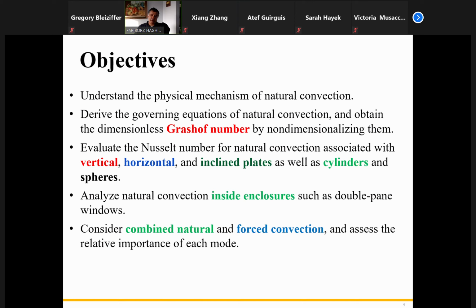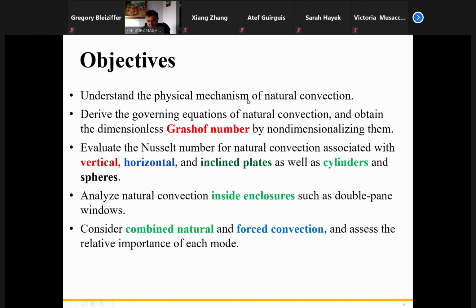Forced convection can be as important as natural convection, so in that case we have to calculate the combined case. In here, probably there is no forced convection, no fan, no wind, only the temperature difference. In some cases, we have a temperature difference but also an external flow like a fan. This is what we're trying to learn through this chapter.